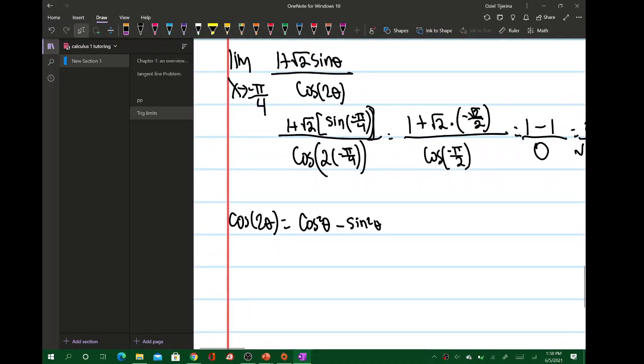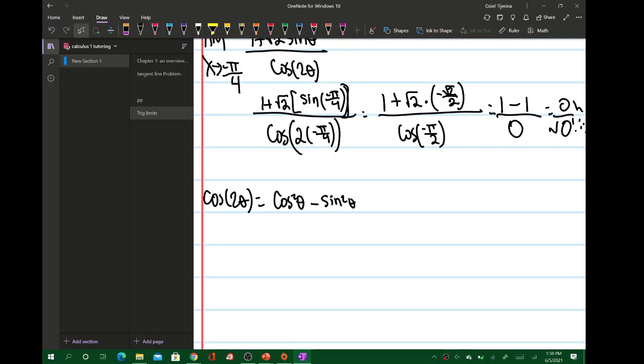And if we solve it in terms of sine theta, cosine squared theta is 1 minus sine squared theta, and then we have minus sine squared theta, so cosine of 2 theta equals 1 minus 2 sine squared theta.